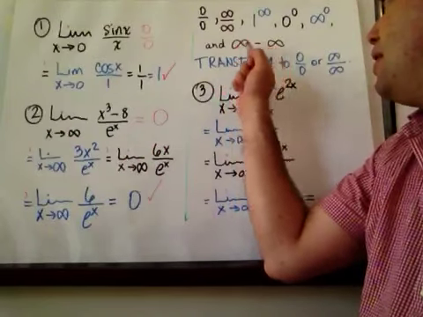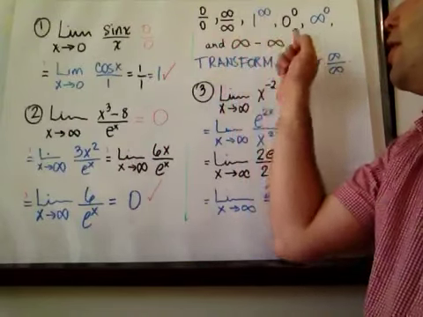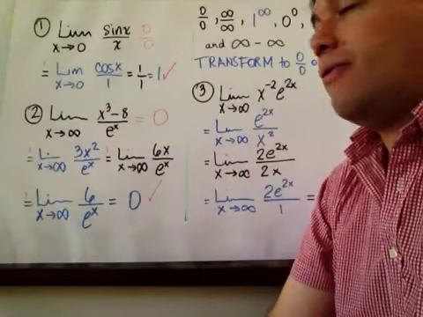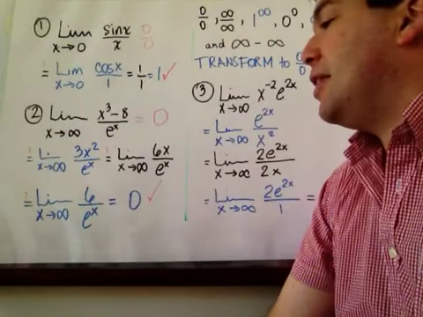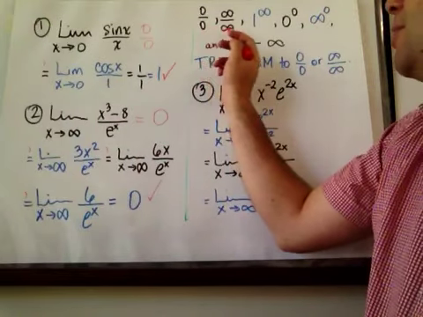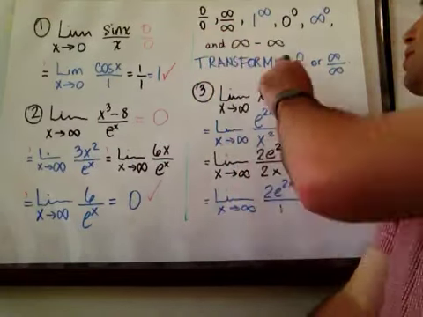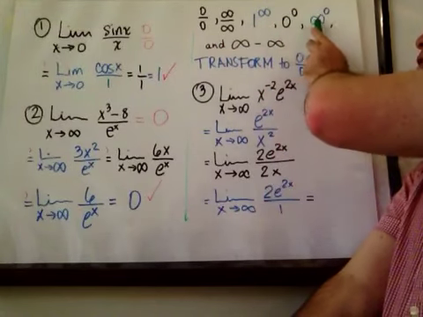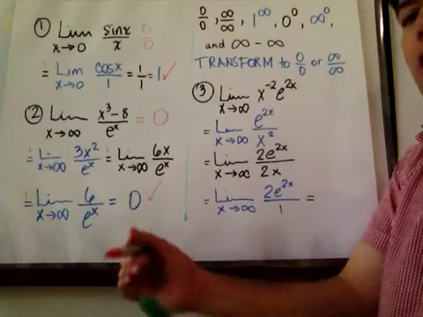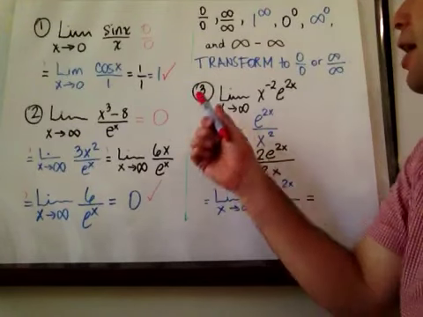It really depends on the infinities. So these are all indeterminate forms. And we can use L'Hopital's rule for finding their limits as long as we can rewrite them as the first two, as a quotient. So if we can transform any of these into 0 over 0 or infinity over infinity, then we're good. Let's see this one.